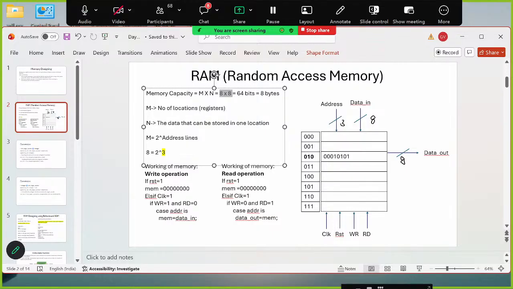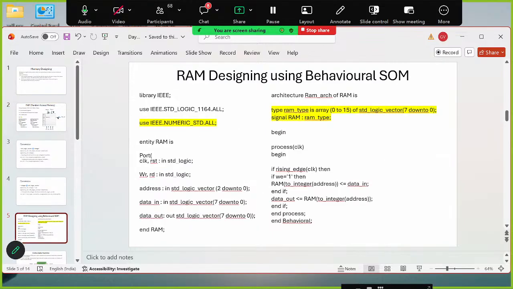For that in VHDL, I have already told you there are some enumerated types of data types which can be generated. And for that, I need to use a keyword, type. The name of the type is, let's say, ram type, or you can put mem.